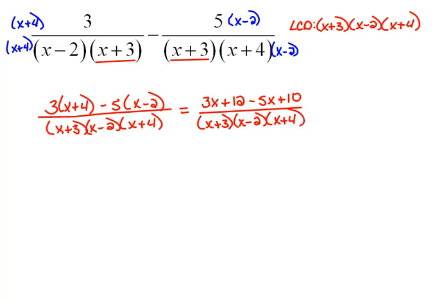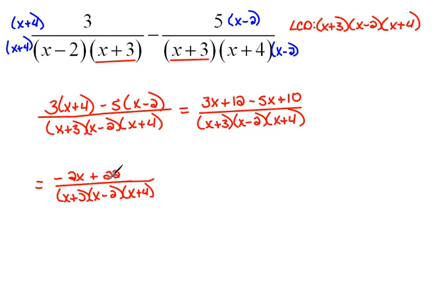Now we can start combining like terms and seeing what else we could do here. For the numerator, we have 3x and minus 5x, which would be negative 2x. And we have 12 plus 10, which would be plus 22, divided by our common denominator. We have quite a bit of writing on these problems.